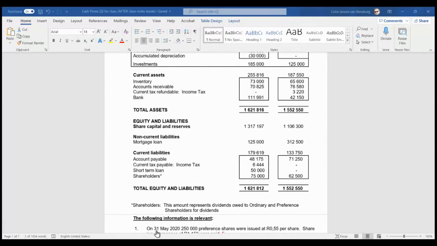When we make the payment, we're going to debit the shareholders, the other side of the coin, and credit the bank account. So we have to go and reconstruct that account, ladies and gentlemen. Now, there are two ways to determine whether this opening balance is a debit or a credit. Simply, it's an amount that you owe to your shareholders. So that indicates that the opening balance will be a debit or credit.